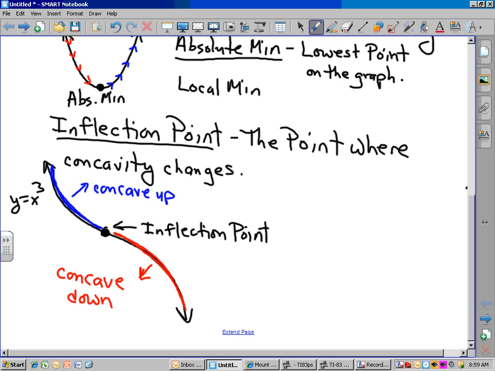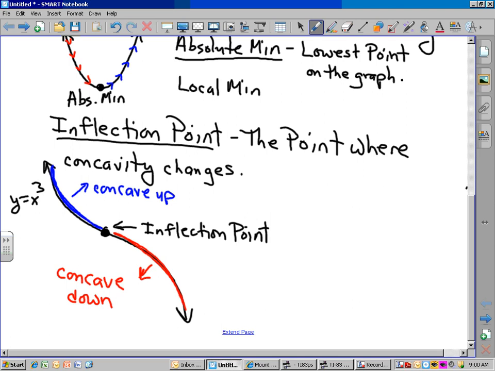Now, at this point in time, we really can't solve for these. All I'm going to have you do, especially the inflection point, I'm just going to have you identify them. Now, max and mins, we can use a calculator to do it, but without calculus, okay, without the exact science of calculus, we cannot find max and mins and inflection points by hand.